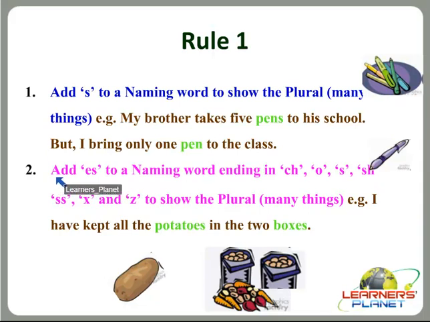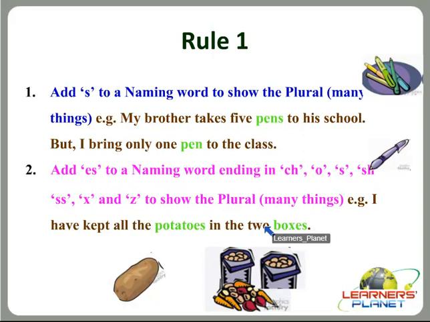Another rule, add es to a naming word ending in ch, o, s, sh, double s, x and z to show the plural, many things. Let us see an example. I have kept all the potatoes in the 2 boxes. Which means, students, if the word was box, B-O-X, it ended in X, so to make it plural to show more than 1, we add ES.